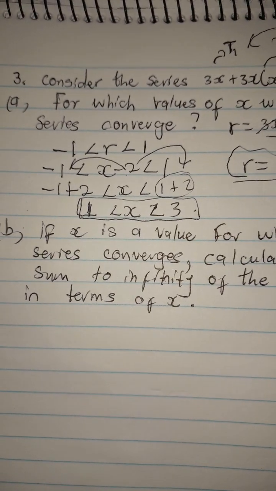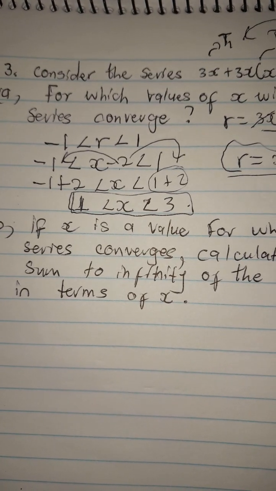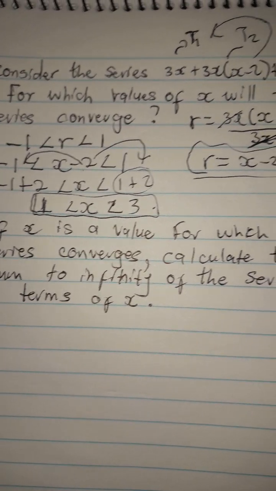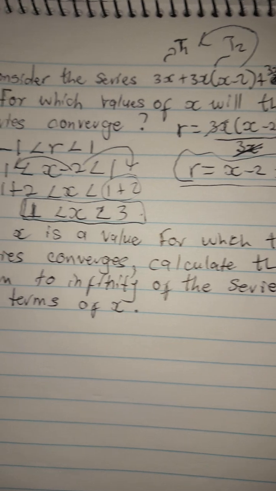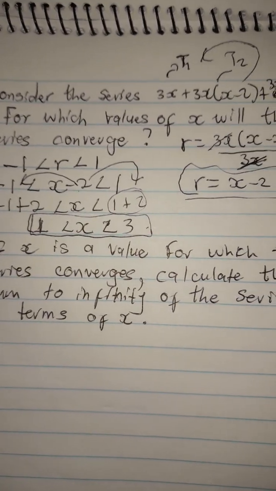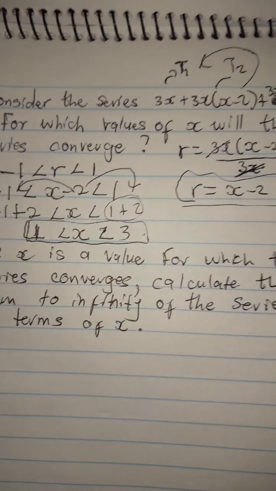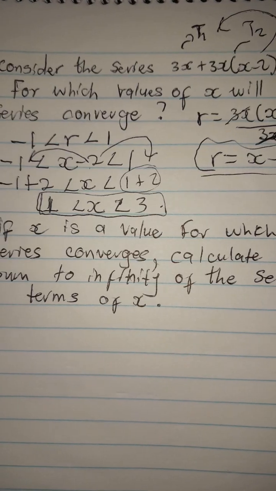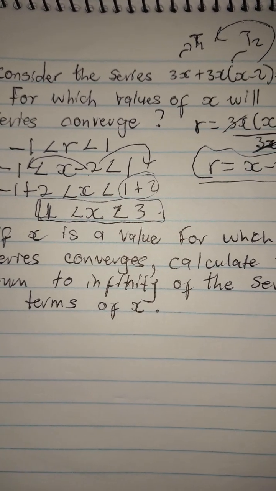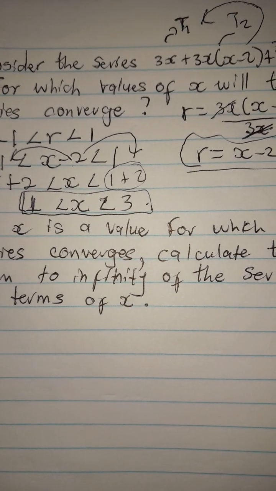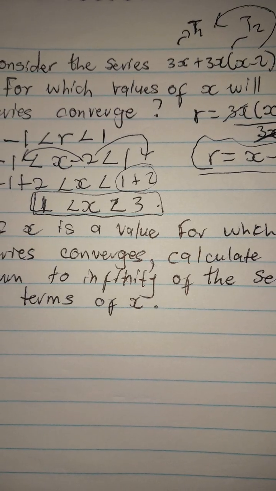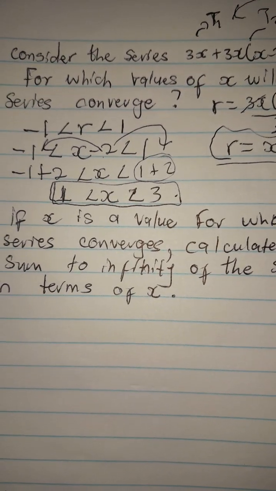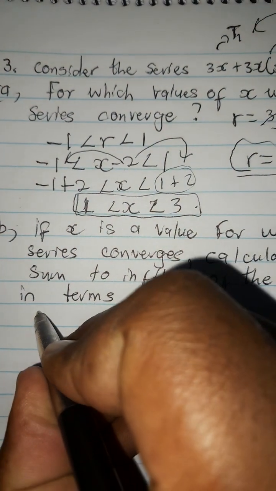So let's look at our last question, which says if x is a value for which the series converges, calculate the sum to infinity of the series in terms of x. So what do you think? What should we do, guys? We need to be smart. Remember, we need to find the sum to infinity. So they want us to calculate the sum to infinity.